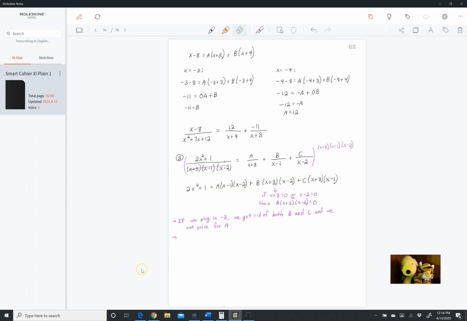So what we get here is if we plug in 1, we get rid of A and C, so we can solve for B.